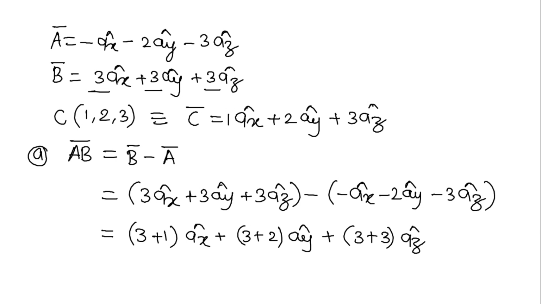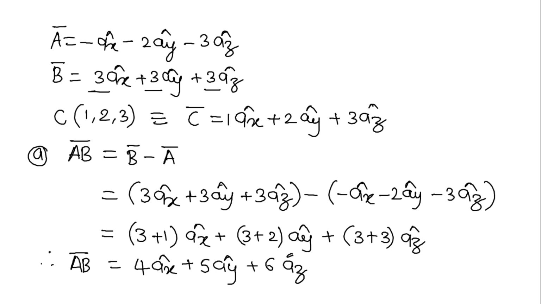The outcome of this calculation gives the required answer, AB bar equal to 4 times ax cap plus 5 times ay cap plus 6 times az cap. So this is the required answer to part A.